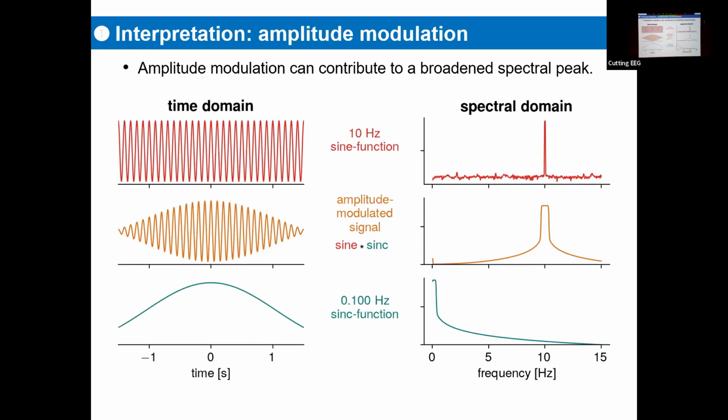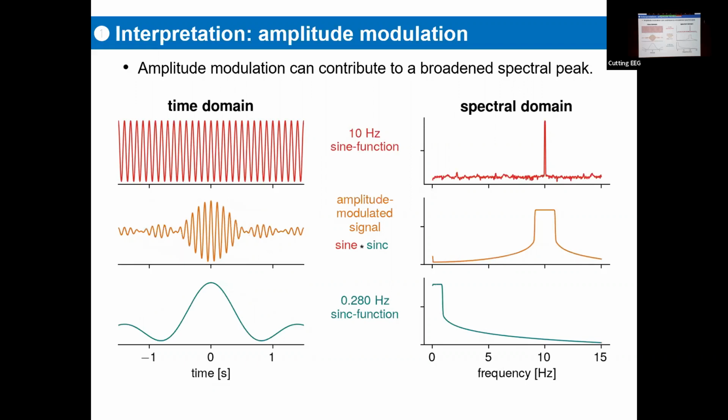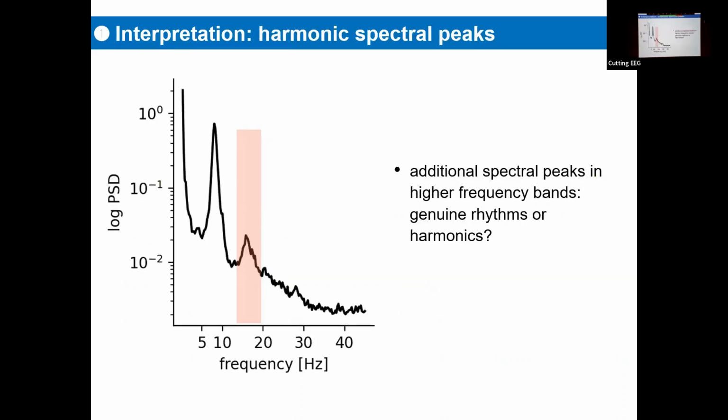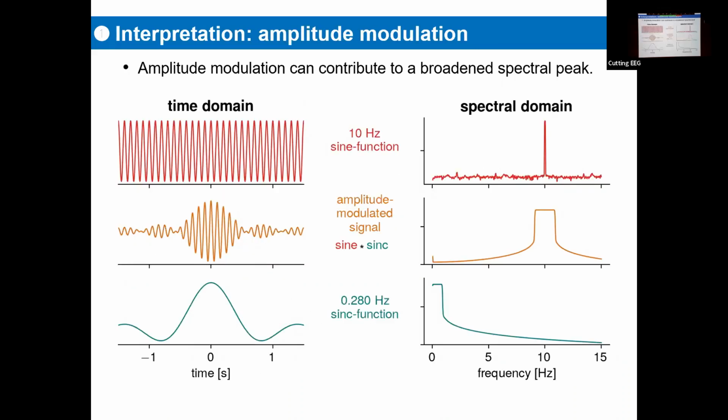So you can see that as I change the width of my amplitude modulating function, this spectral peak gets broader and broader.